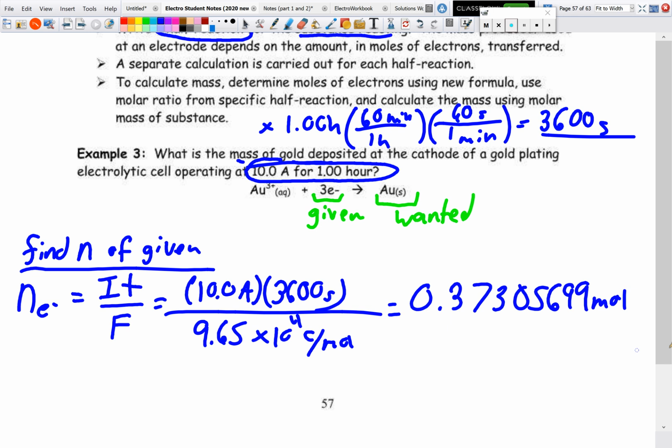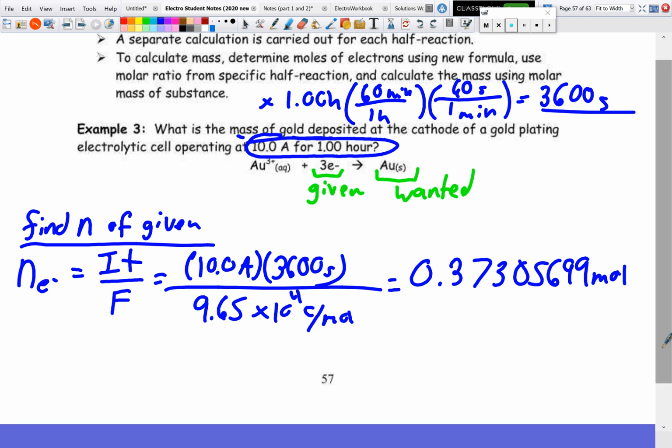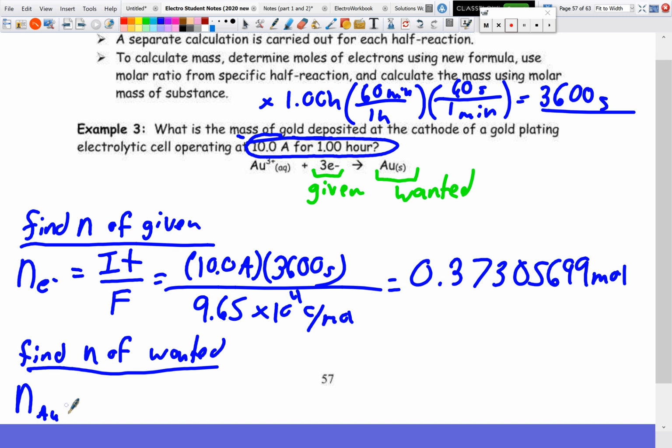Our next step in stoichiometry is always find the number of moles of our wanted, and of course we use our mole ratio. The number of moles of our gold is equal to the number of moles of our electrons multiplied by our mole ratio.